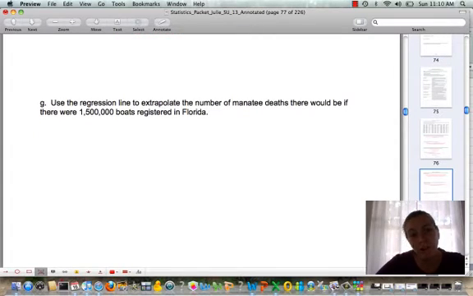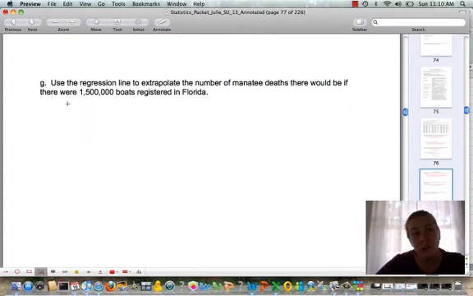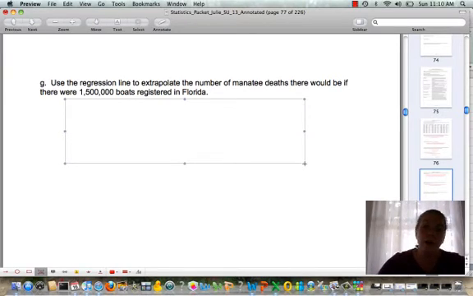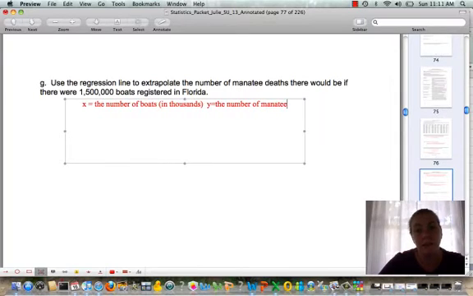Now question G wants us to use our regression line to extrapolate the number of manatee deaths there would be if there were 150,000 boats registered in Florida. So remember, in our regression line, X is representing the number of boats in thousands, and Y is the number of manatee deaths.